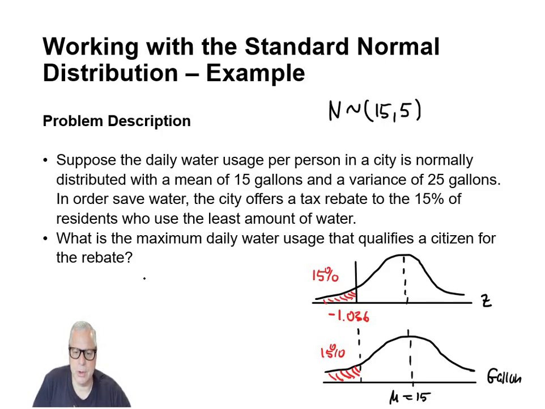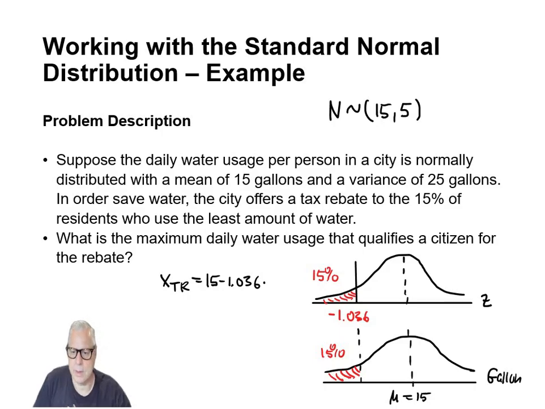So I just call that maybe X tax rebate, TR. That is equal to 15 minus 1.036 standard deviations, and the standard deviation is 5.